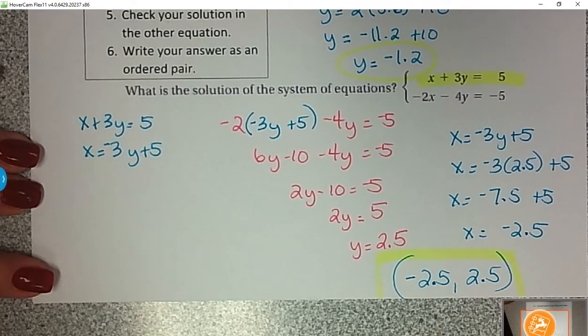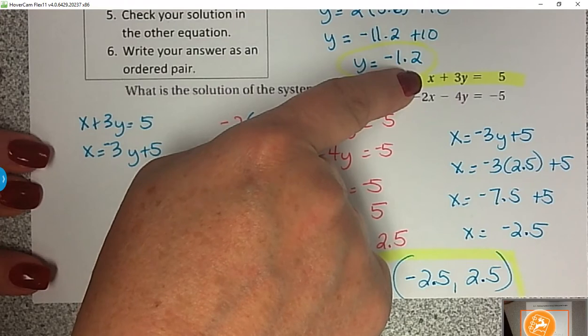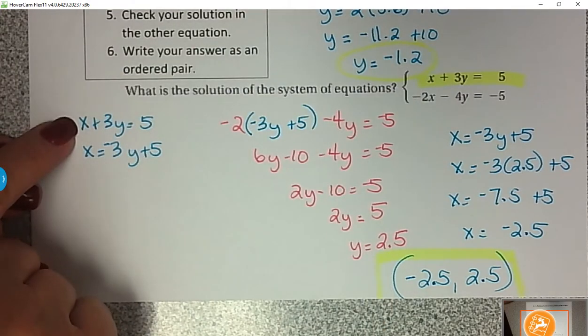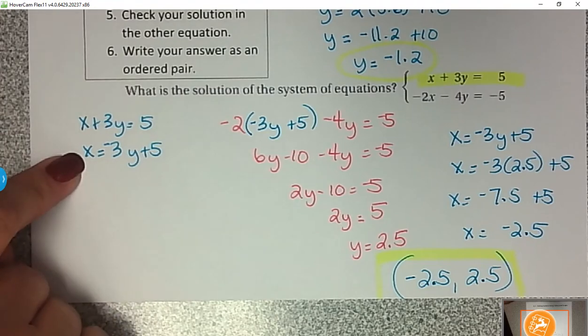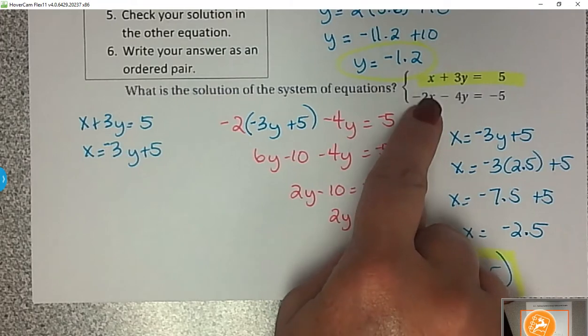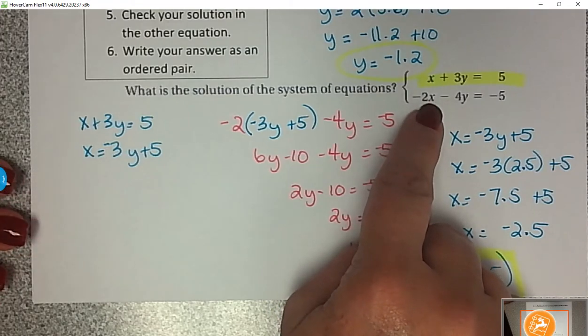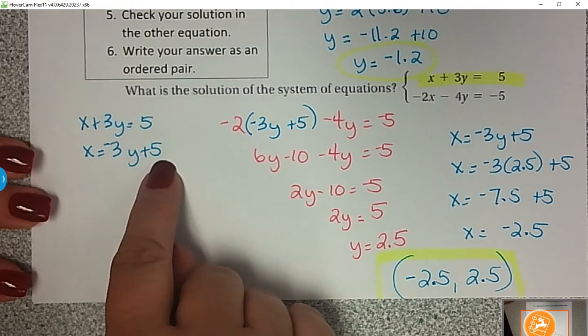Alright, so here's my work. I started out taking this equation because it had a 1 in front of the x, and I got x by itself this time. You don't always have to get y by itself. I get the variable that's easiest to work with by itself. So when I got x by itself, then I had to plug into this equation the stuff that was equivalent to x.